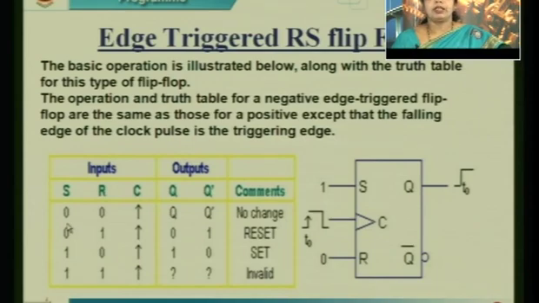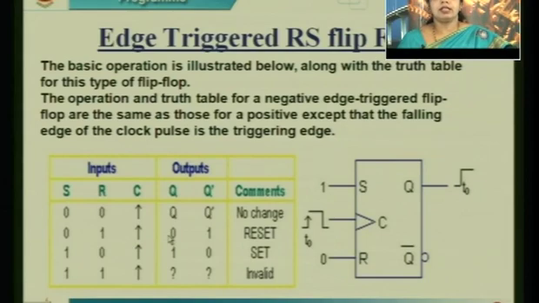In the SR flip-flop, when both inputs are 0, there is a no change condition. Whatever the previous state was remains as it is. Similarly, when I give S as 0 and R as 1 with the clock edge, my output is in the reset condition, that is, the output is 0. When S is 1 and R is 0 with the clock edge, my output is in the set condition.